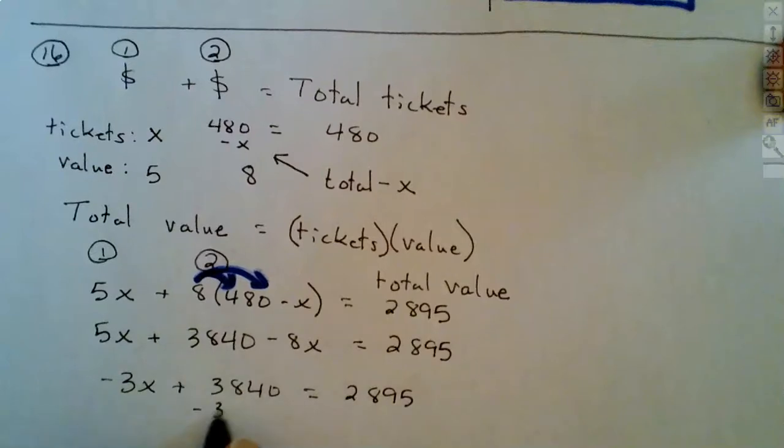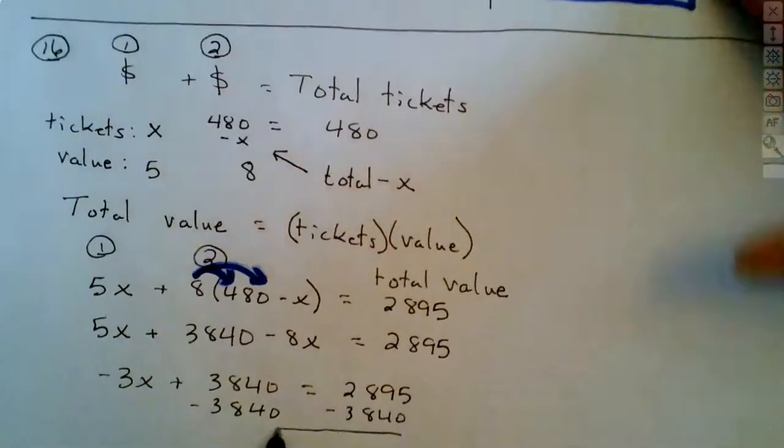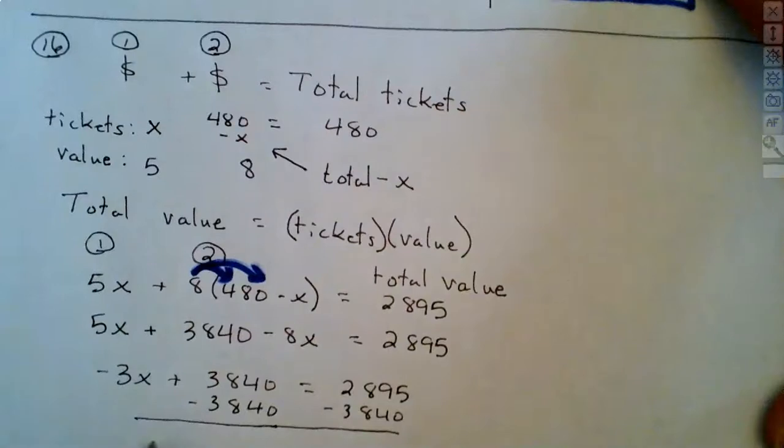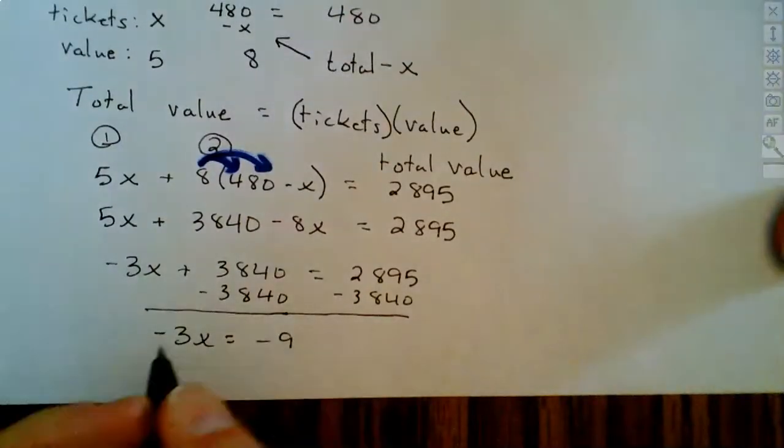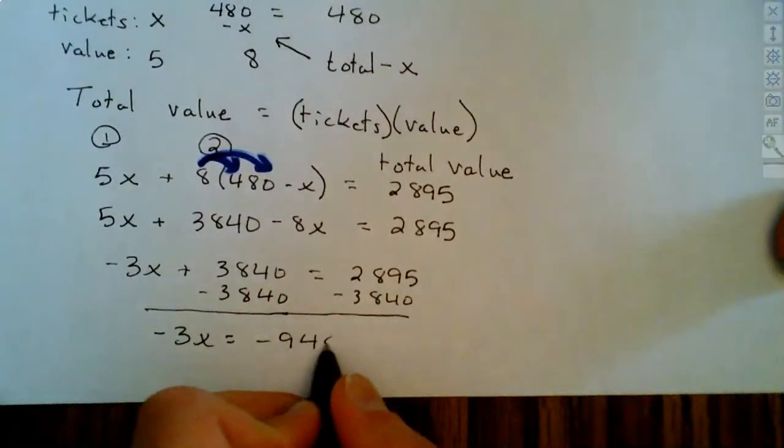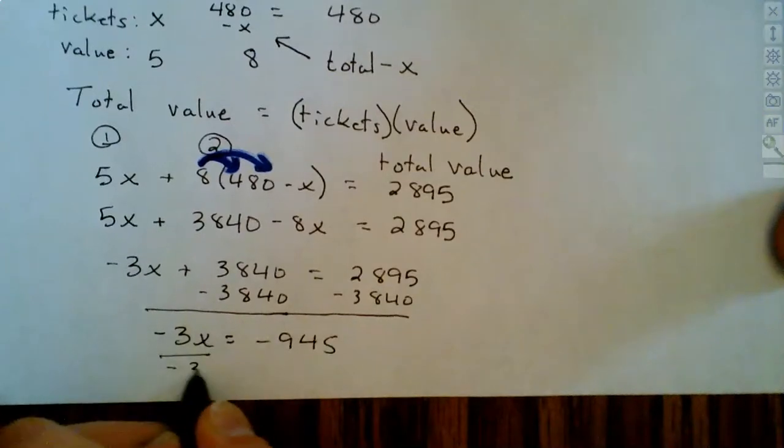We'll move that 3840 over. And now we have a minus 3x equals now 2895 minus 3840. It gives us a minus 945. Divide that by our negative 3.